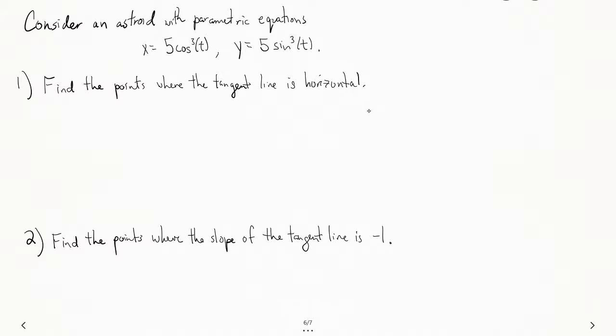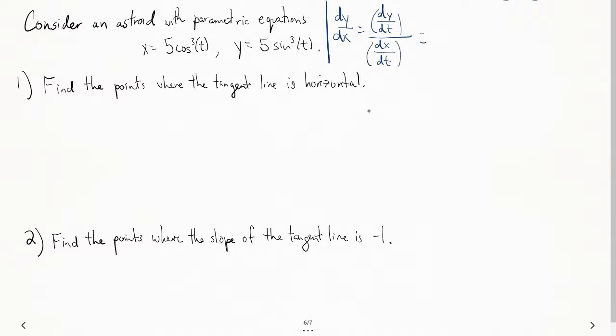So when we consider this asteroid with parametric equations, x equals 5 cosine cubed t and y equals 5 sine cubed t, how do we calculate this? Well, in order to do that, we're going to need to find dy/dx. We don't have things in terms of x nicely here, so we'll calculate dy/dt and divide by dx/dt. So what's dy/dt?